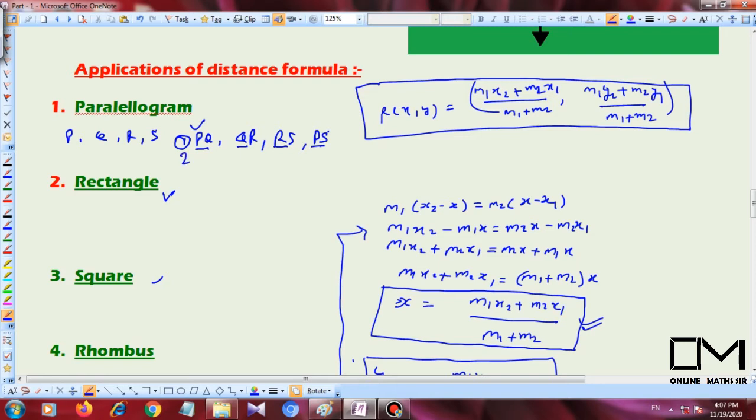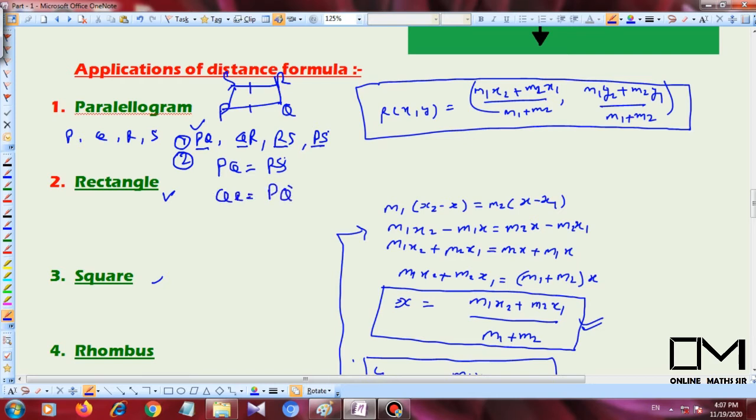Then, in the second step, check whether the opposite pairs of sides are equal. Sketch a rough diagram of quadrilateral PQRS. Check PQ equal to RS, and the other side QR equal to PS.